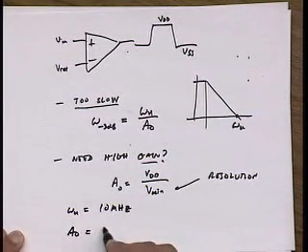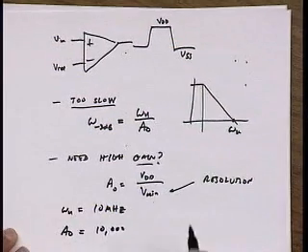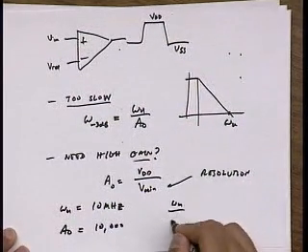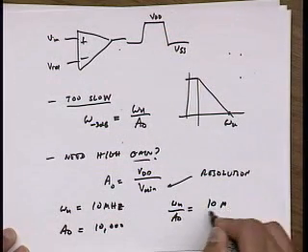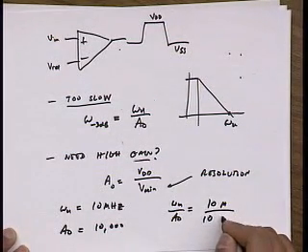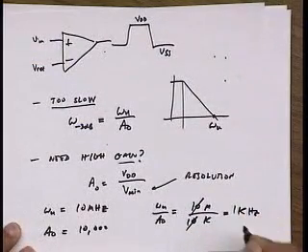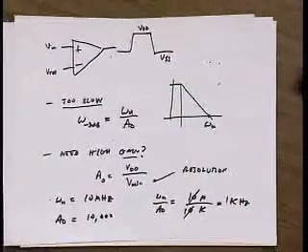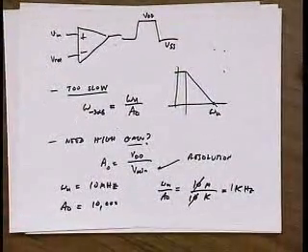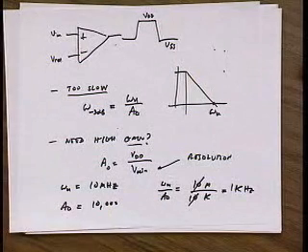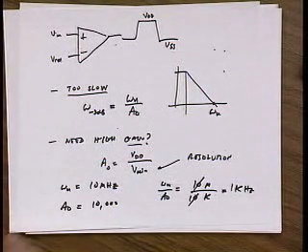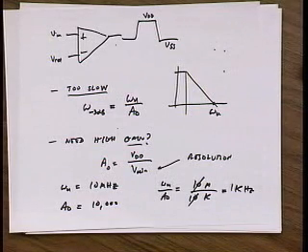And let's say I need a gain of 10,000. So if I divide omega u by A naught, I get 10 mega divided by 10 k, which is 1 kilohertz. That's really slow, right? If you have several time constants to settle, it's going to take several milliseconds for this thing to settle. That's really slow. And these numbers are not unreasonable, right?